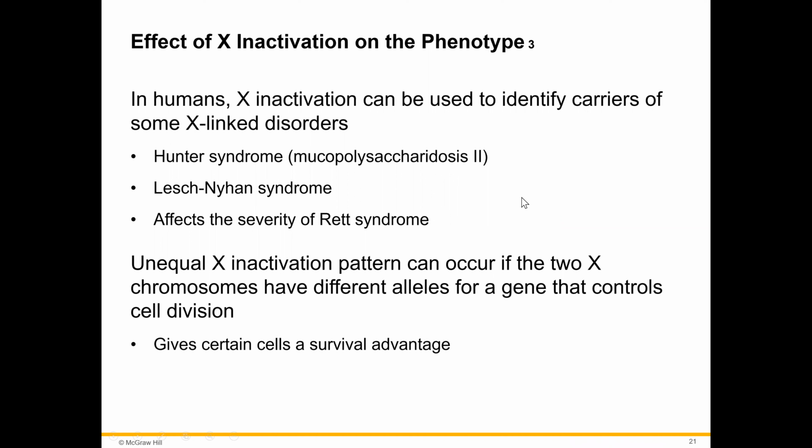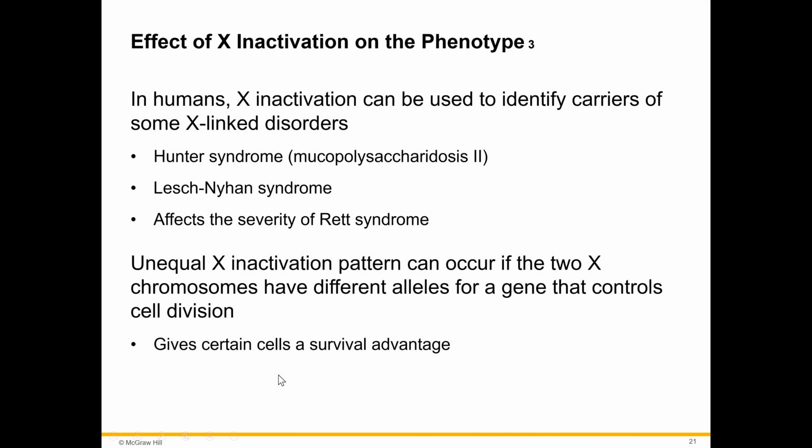In humans, X inactivation can be used to identify carriers of some X-linked disorders like Hunter syndrome and Lesch-Nyhan syndrome, and it affects the severity of Rett syndrome. So we use X inactivation to identify if a female is a carrier for some disorders.